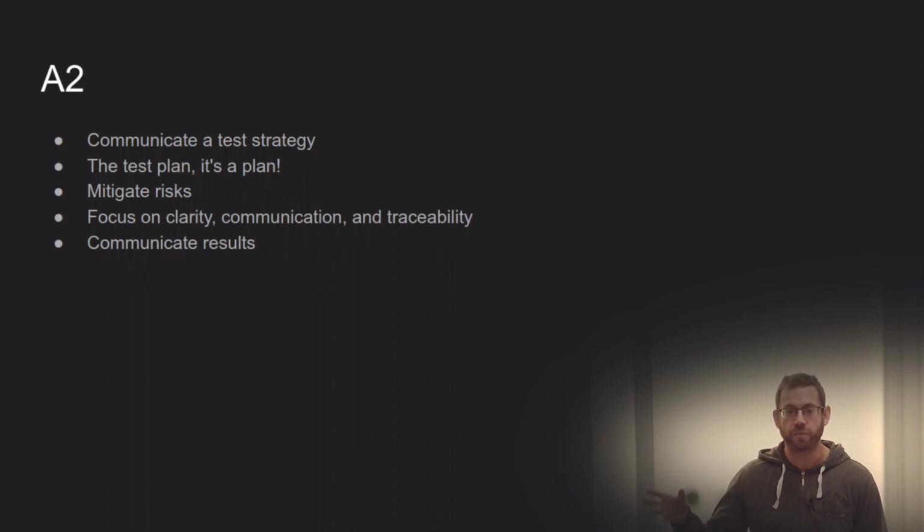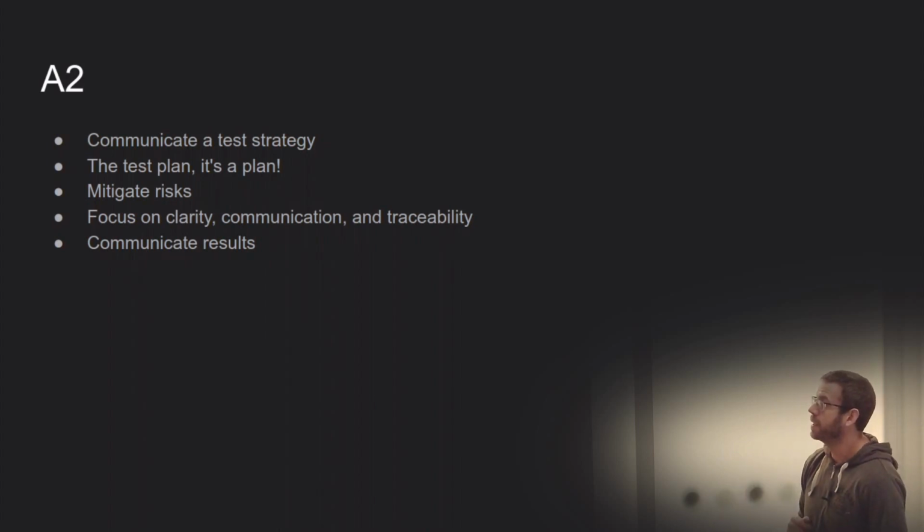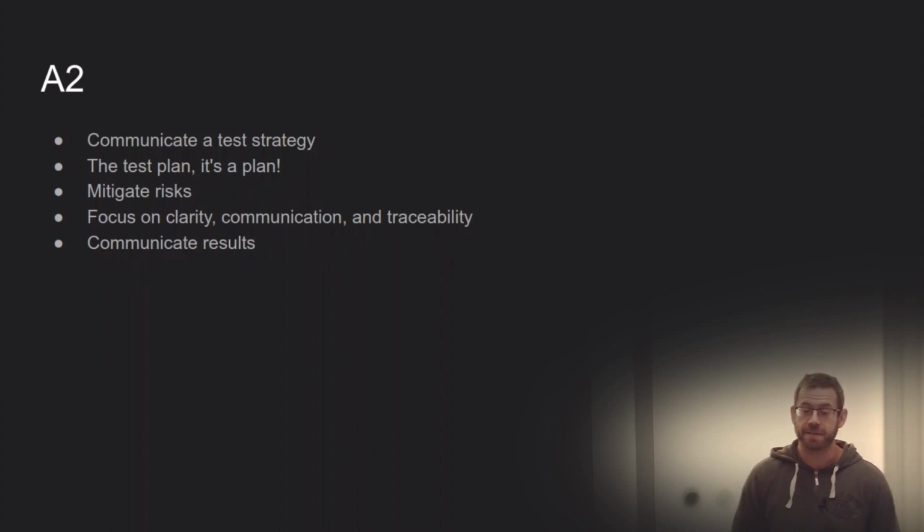From this strategy you formulate a plan, and then you work with different risks, and then you do testing according to what we've learned in this course, and finally you want to communicate what you've done so that other people can see that you have done a good job.